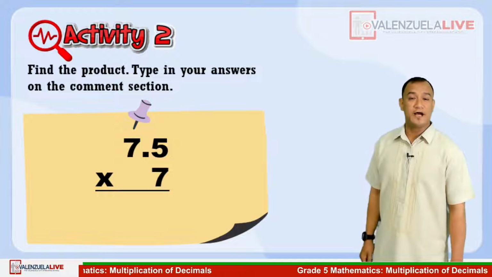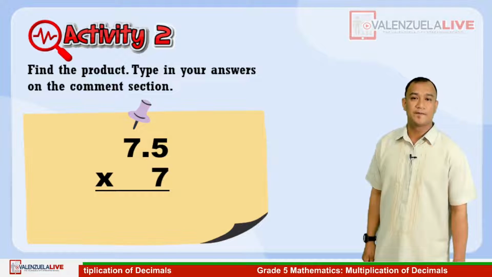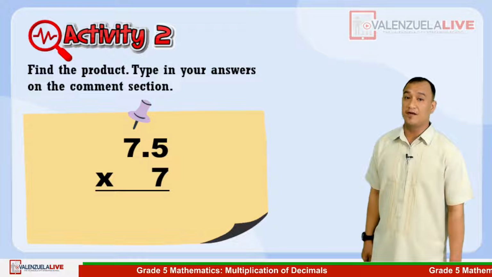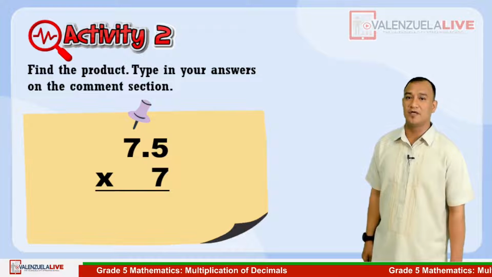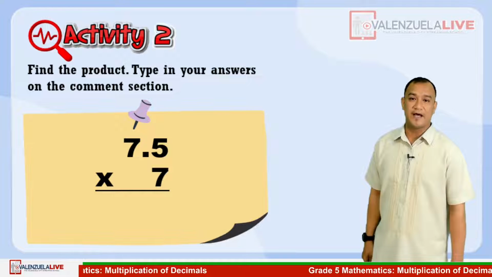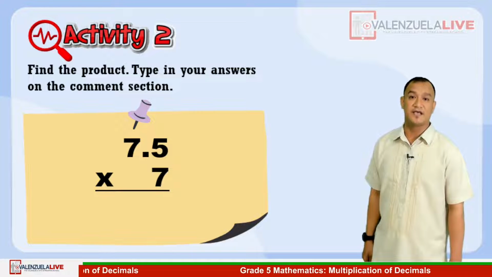Now, for our activity number 2, find the product and type in your answer in the comment section. You are given only 10 seconds to solve each given number. Number 1, multiply 7 and 5 tenths by 7.